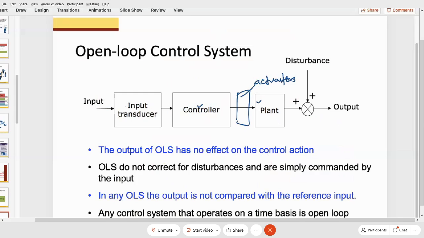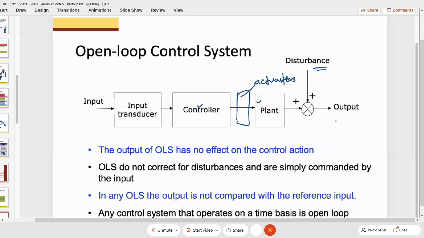So we just give the input, and then the controller decides, oh, we need to give the voltage to the actuators, and then your actuators drive your plant and you get the output. No measurement of the current status of the output. If there is a disturbance to the system, your output will reduce or increase.